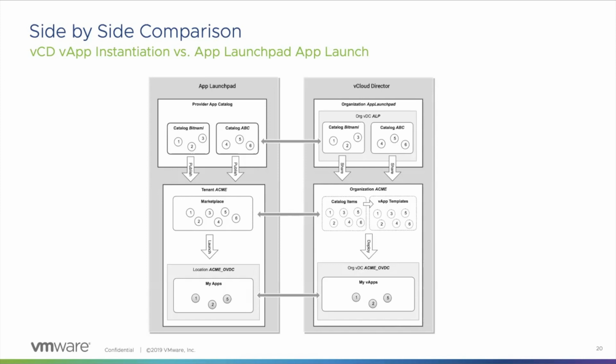Whereas on the VCD side, obviously those applications exist as catalog items within a catalog, and those catalog items are, of course, the app templates. So we've tried to remove the construct of catalogs from the end user experience, and we've removed the notion of VApps and VApp templates. So we don't use that jargon on the end user side.